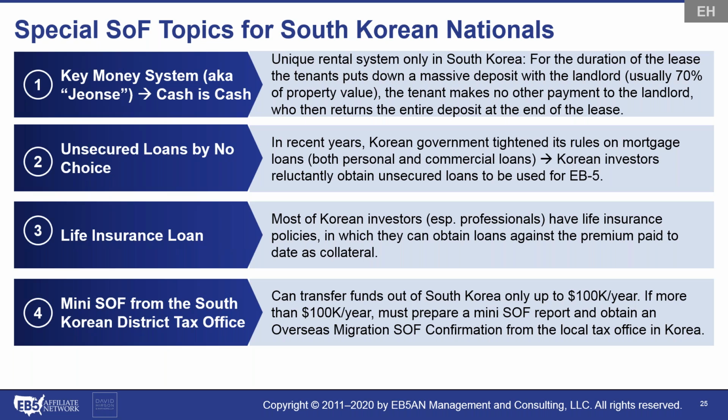Therefore, you can't make a claim that the key money is not legitimately sourced money and it is someone else's money. So I'm very confident that we will be able to overcome this issue if this becomes an issue. And I'm sure soon there will be a litigation on this issue.